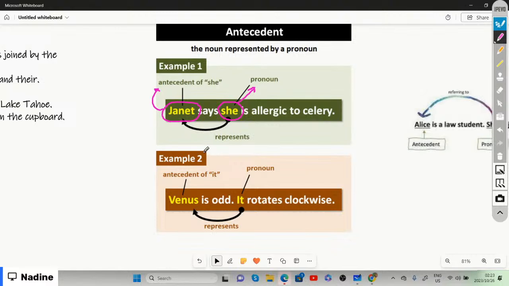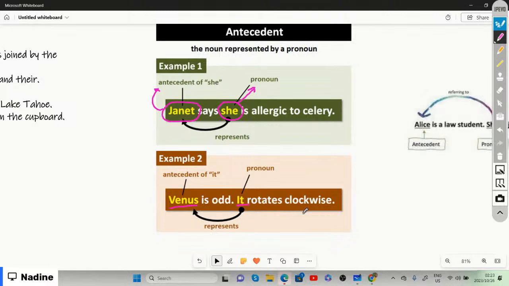Our next one is Venus is odd. It rotates clockwise. So Venus, which is our planet, is odd.